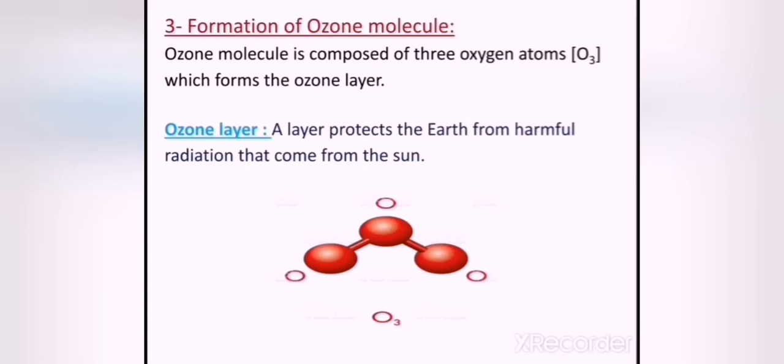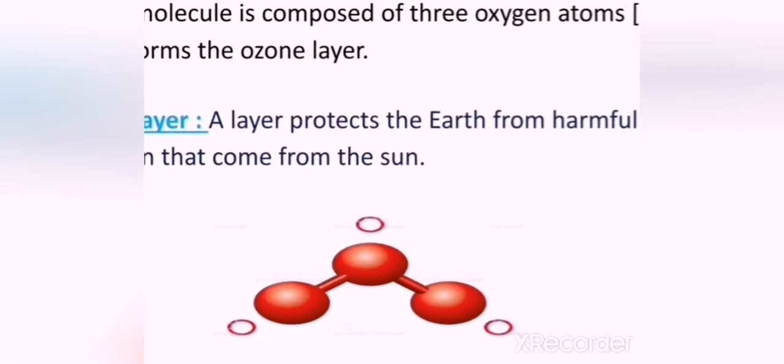And the ozone molecule forms the ozone layer. So what is the ozone layer? It's a layer that protects the earth from the harmful radiation. It's a layer from the atmosphere. And its function is that it protects the earth from the harmful radiation coming from the sun.